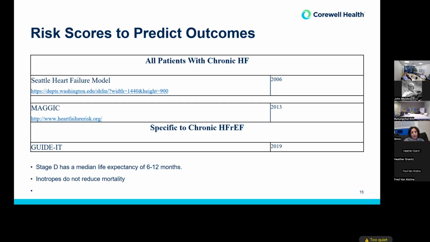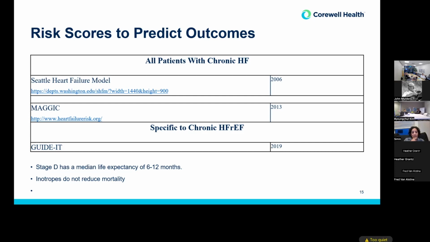Personally, I don't use it to prognosticate our patients, but you should be aware of these models. And if you're not, play around with them just to get some awareness. I think I did my own for fun, and I'm not likely to die of heart disease, but who knows? That was kind of fun to do.